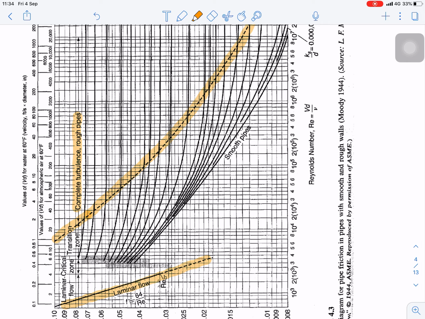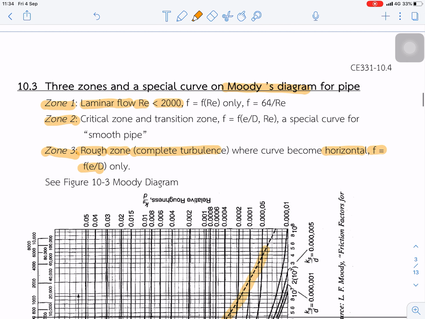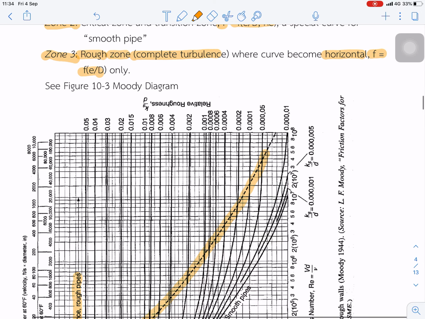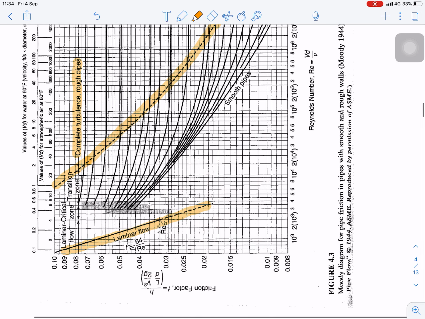In the transition zone, zone 2, the friction factor is a function of the Reynolds number and relative roughness. In the laminar case, the friction factor is a function of only the Reynolds number. So those are the three zones of the Moody diagram.